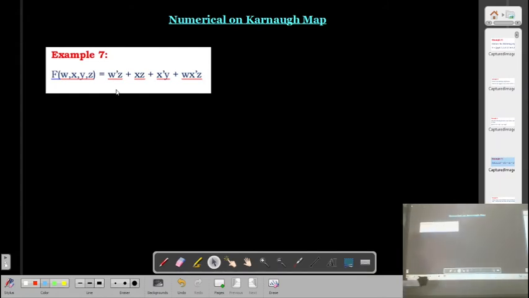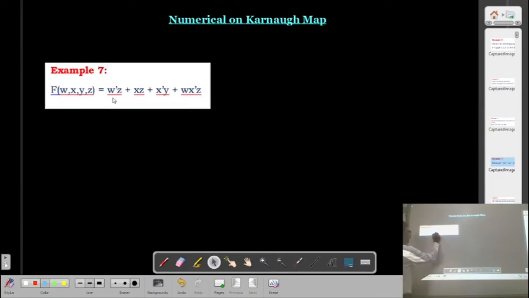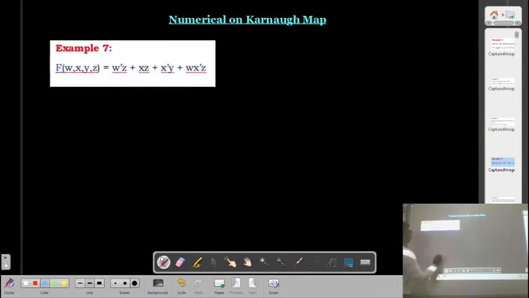But if you look at the terms, what is missing? In the first term, x is missing and y is also missing. Here the w is missing, x is there and y is missing.